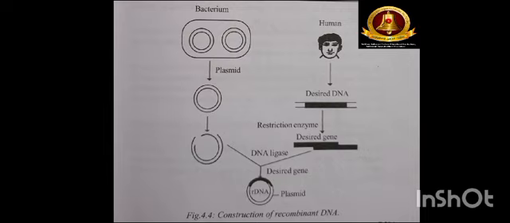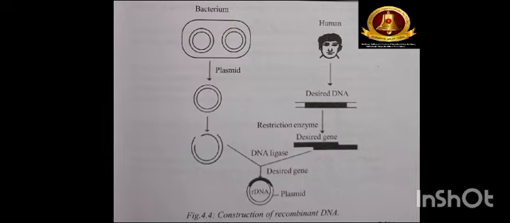The final product, recombinant DNA, is inserted into the host organism, a prokaryotic organism like the bacterium Escherichia coli, shortly E. coli. The E. coli bacterium is the host organism. The host organism replicates the human insulin gene in multiple copies.